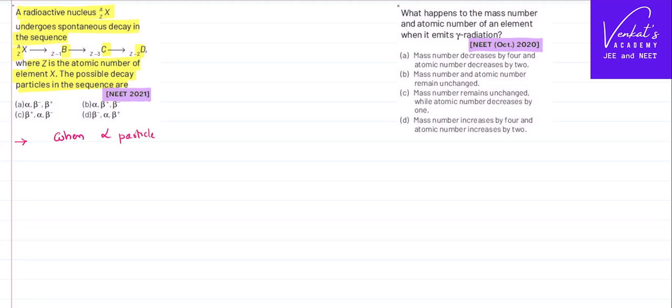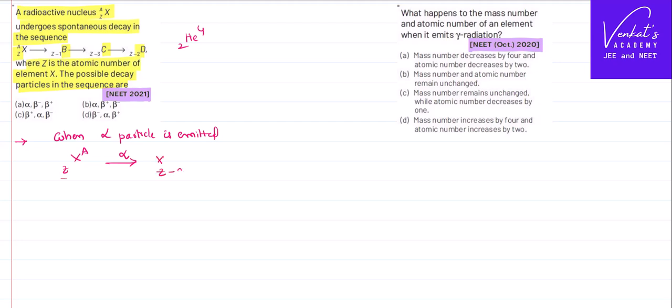When an alpha particle is emitted from a nucleus, say of X with atomic number Z and mass number A, the alpha particle has atomic number 2 and mass number 4. That means it is an emission of 2 protons with 2 neutrons.